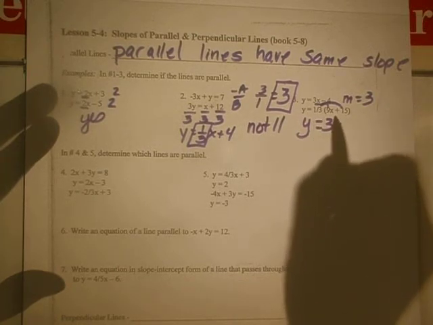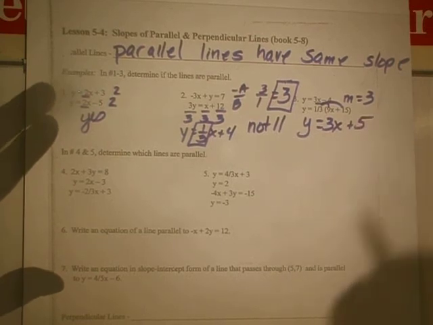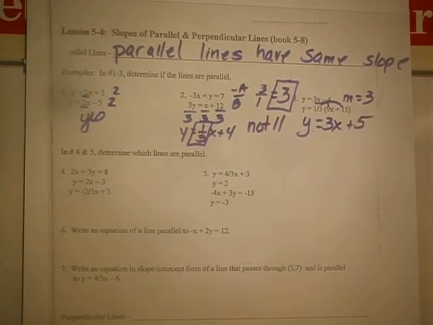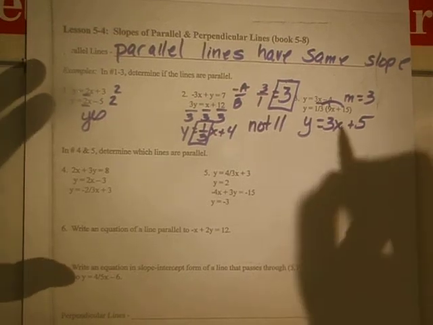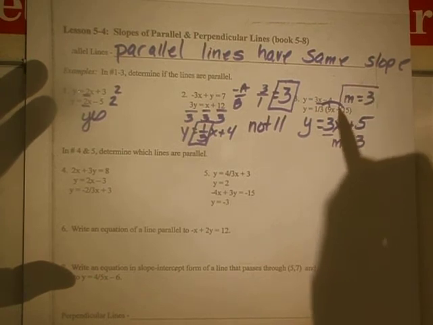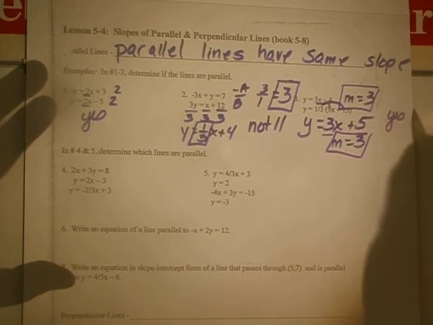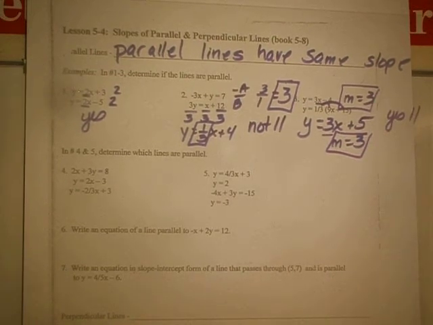And 1/3 times 15 is 5. So we just put that one in slope-intercept form. And now, since that is in slope-intercept form, the slope in this case is 3. Since they both have a slope of 3, you can say yes, those lines are parallel.